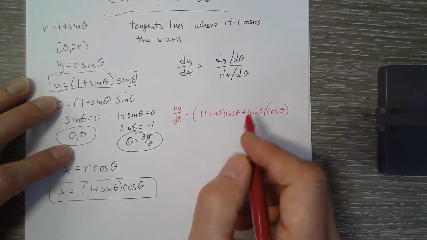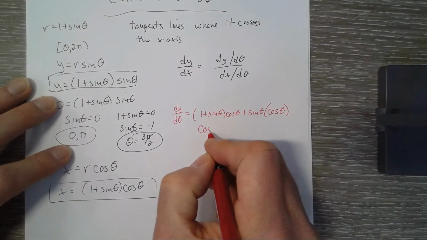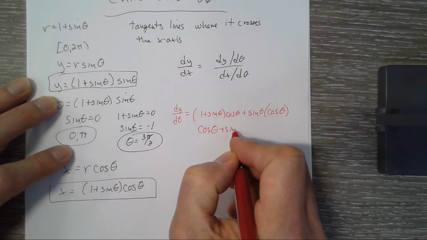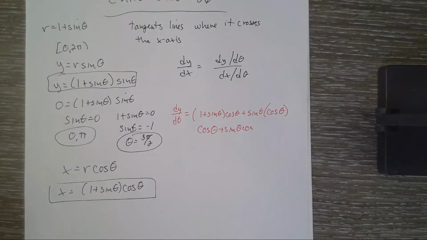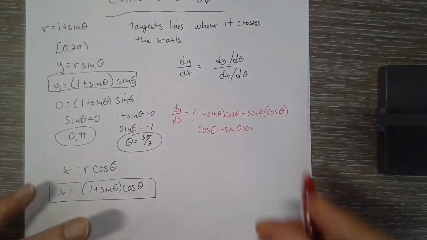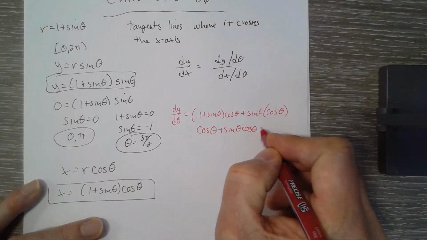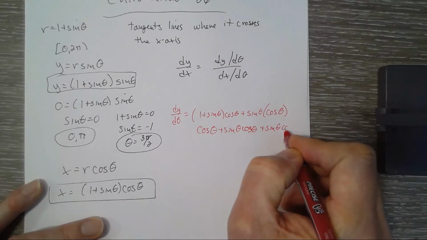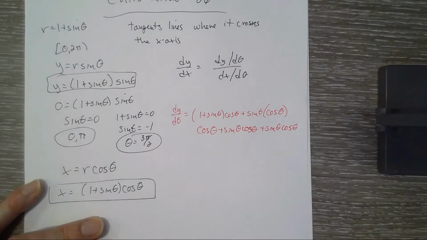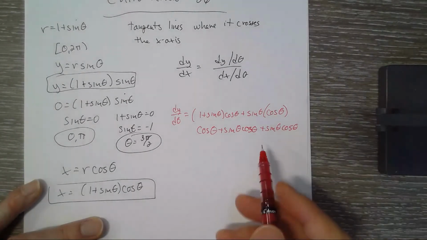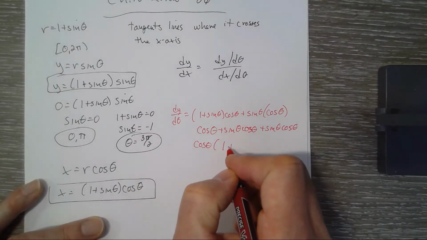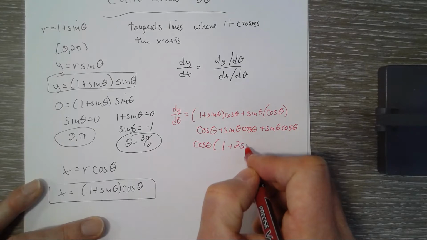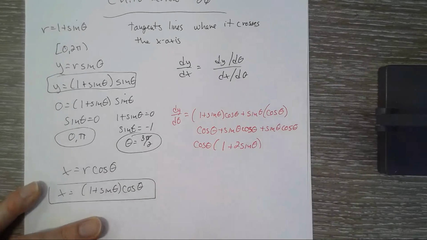So if I distribute, I get cosine theta plus sine theta cosine theta plus sine theta cosine theta. Alright, I guess I could pull a cosine out of everything: cosine theta times 1 plus 2 sine theta. There's my dy/d theta.